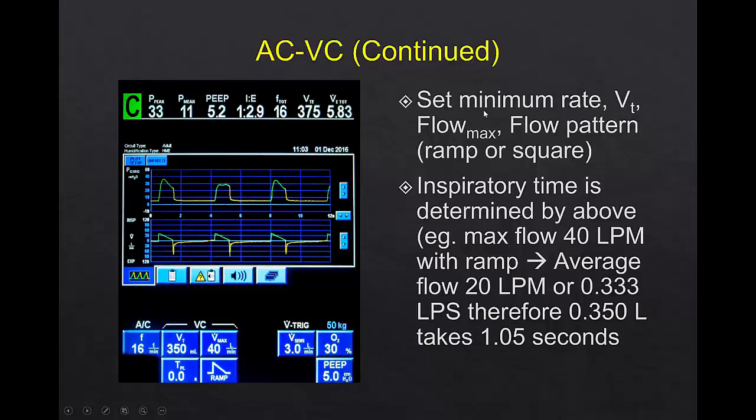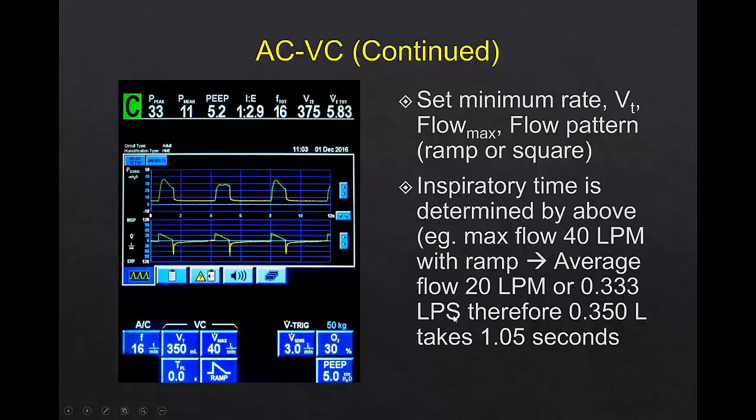So after picking a rate, a tidal volume, the flow maximum, and the flow pattern, like I just showed you, the inspiratory time is determined by the actual flow. 40 liters a minute maximum means that the average flow in this example is 20 liters because it's going from 40 to 0. 20 liters a minute is 0.333 liters per second.